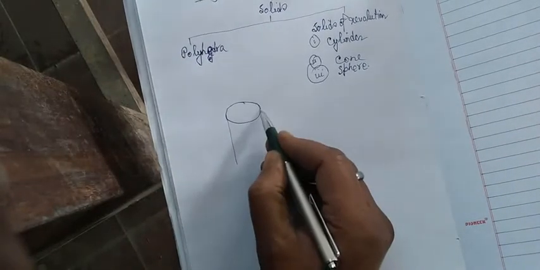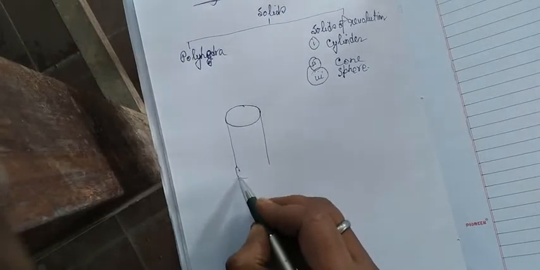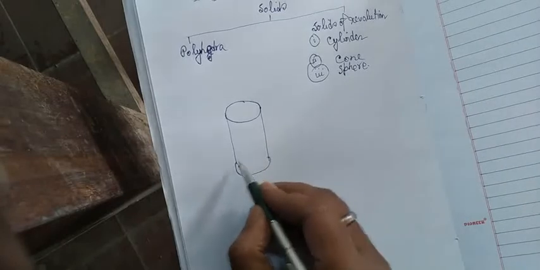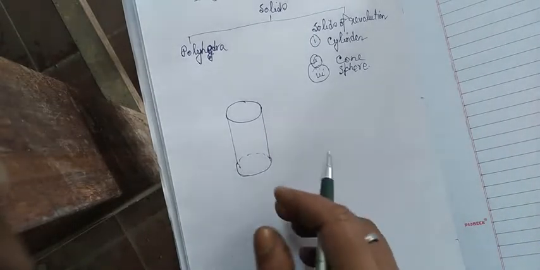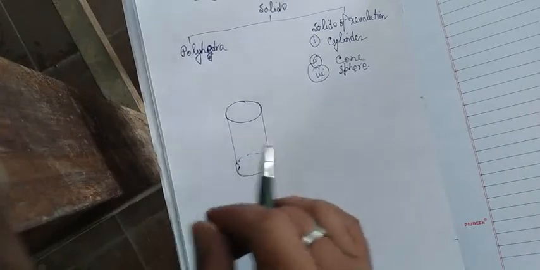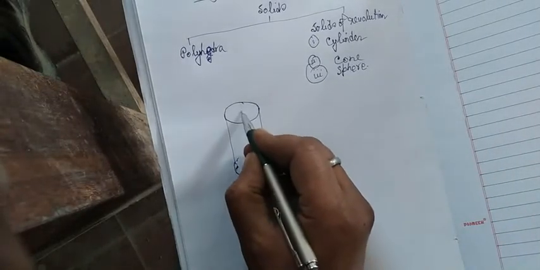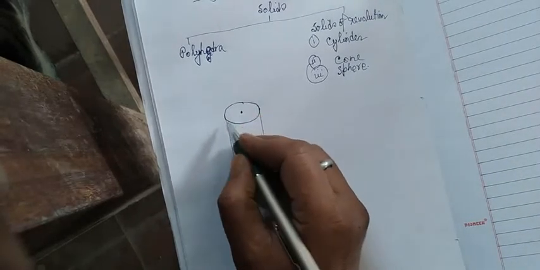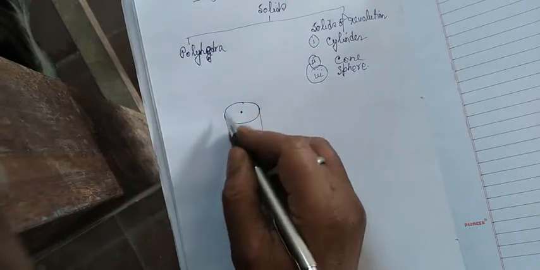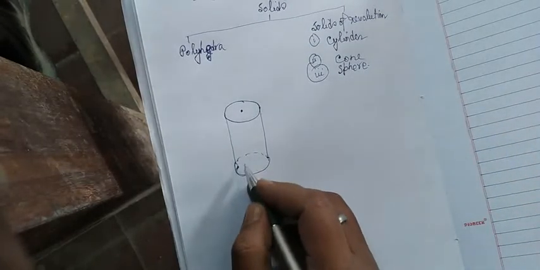You can see here, this is a picture of a cylinder. The back side is represented by a hatch line. Understand? So this is a cylinder. In a cylinder, the top face is a circle and the bottom face is also a circle.